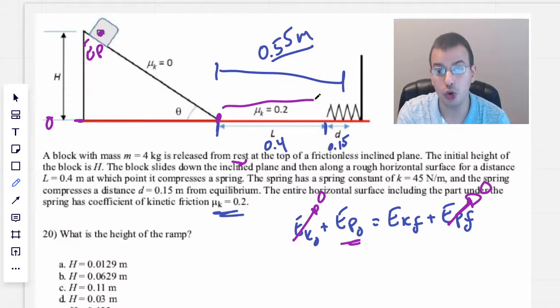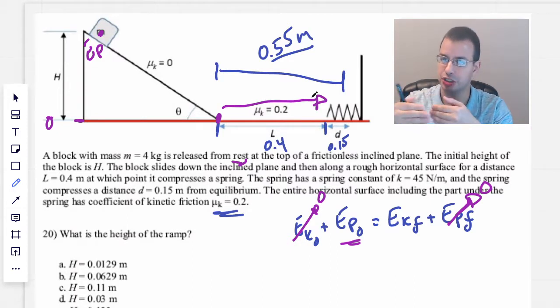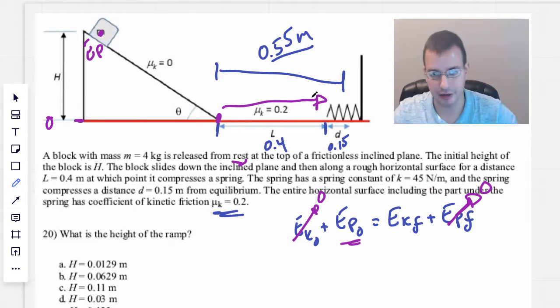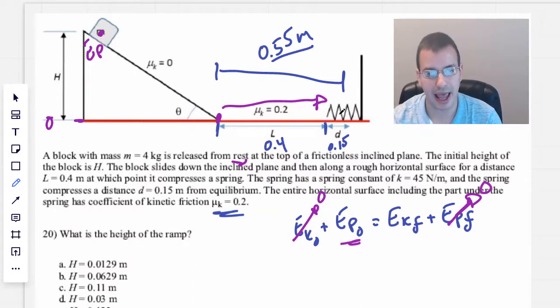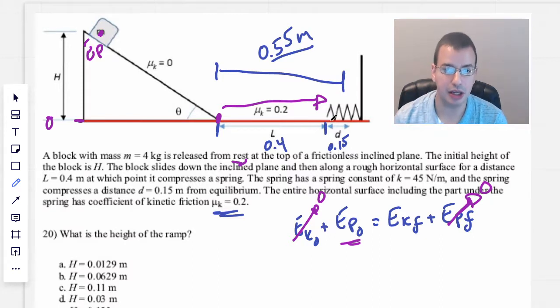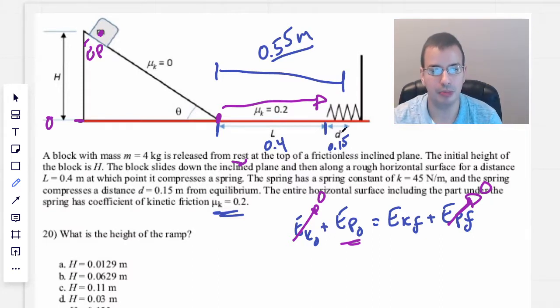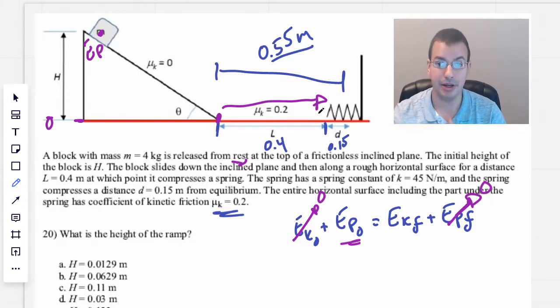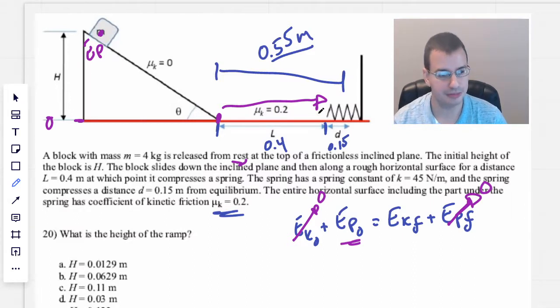Then we lose energy along here due to friction, this rough kind of thumpity thump, as this block goes along this rough path. It then hits the spring, which then adds an additional braking and a bigger loss of energy. So what we're going to do is find out how much energy is lost here.